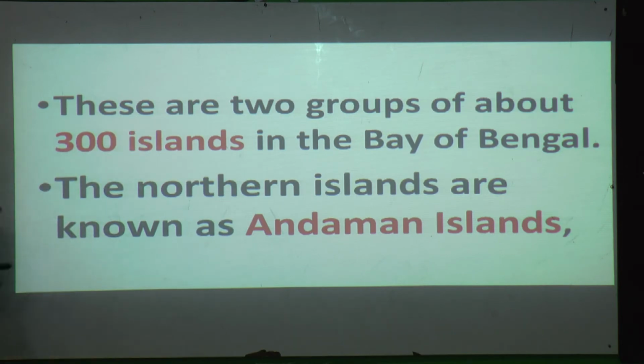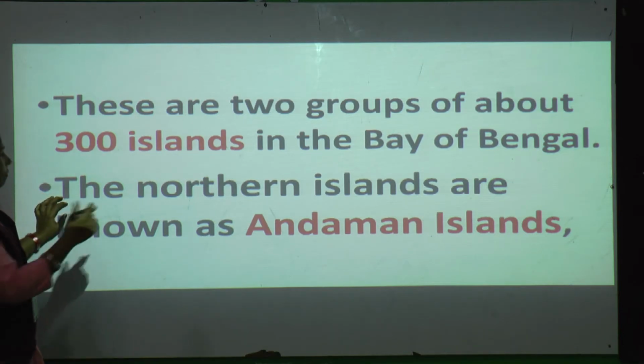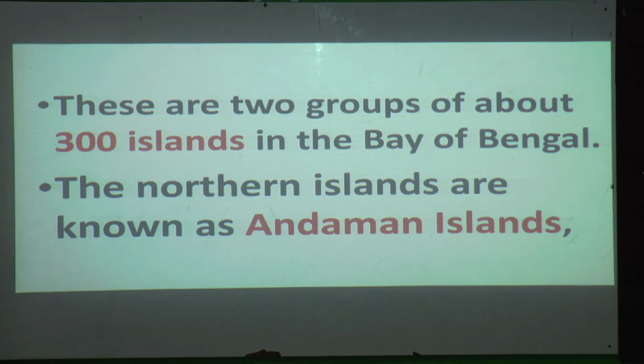Okay. Now, the northern islands are known as the Andaman Islands. Now, two are there, Andaman and Nicobar, we are telling. Correct, students? Yes. Now where is the Andaman side? Andaman, like this, it is correct. So which direction is it facing? Can you all tell me?